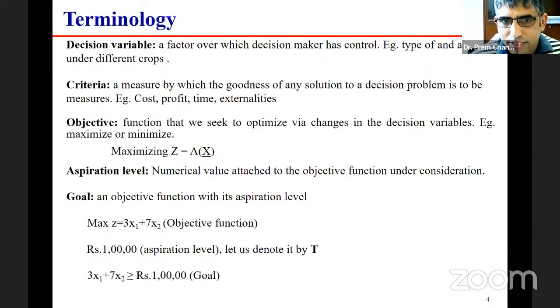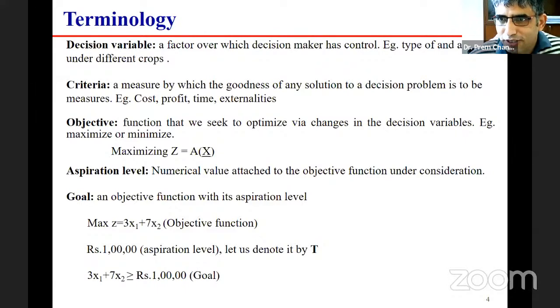Then comes the criteria. Criteria means the measuring rods against which our solution is called good or bad, like cost, whether we want to minimize it, profit, whether we want to maximize it, time, whether we are going to take 2 crops or 3 crops.